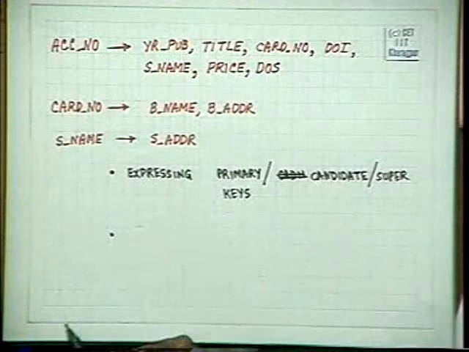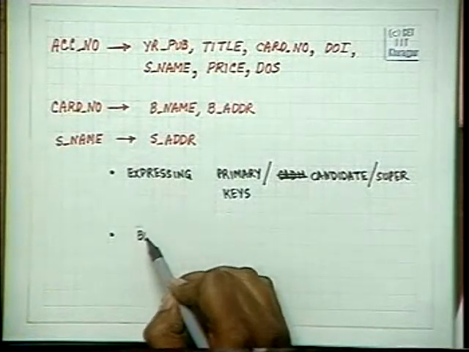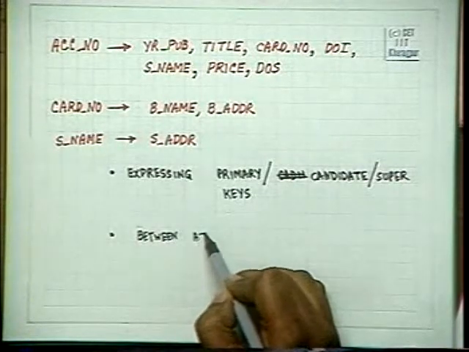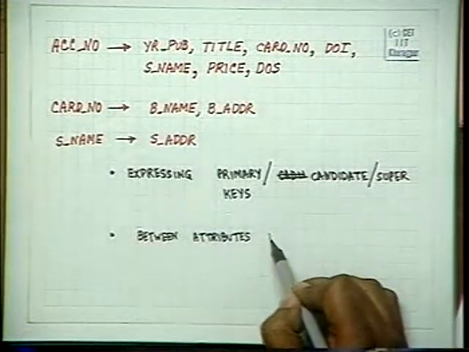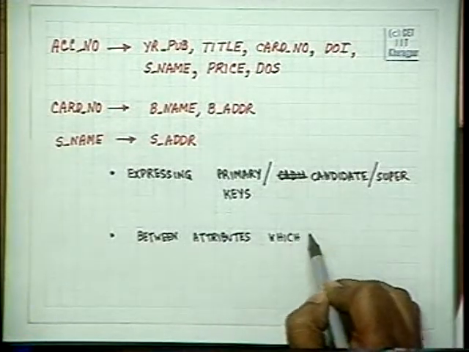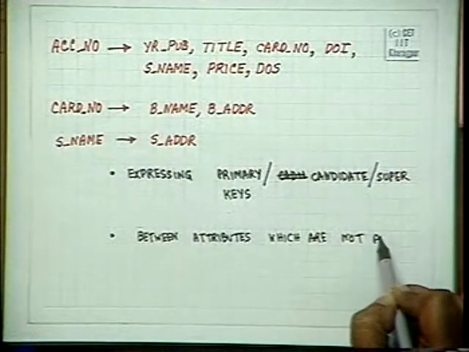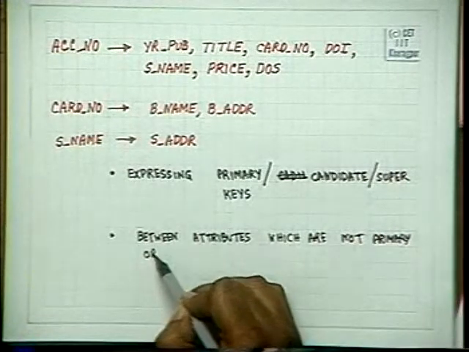Additionally, we could also have functional dependencies between attributes which are not primary or candidate keys.